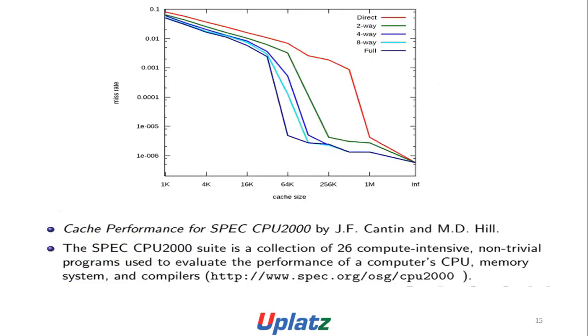Cache performance for SPEC CPU 2000 by Jan Edler and Mark Hill is given in terms of cache size and miss rate. The SPEC CPU 2000 suite is a collection of 26 compute-intensive, non-trivial programs used to evaluate the performance of a computer's CPU, memory system, and compilers, at www.spec.org/osg/cpu2000. Here, direct-mapped, two-way, four-way, eight-way, and fully associative caches are considered.